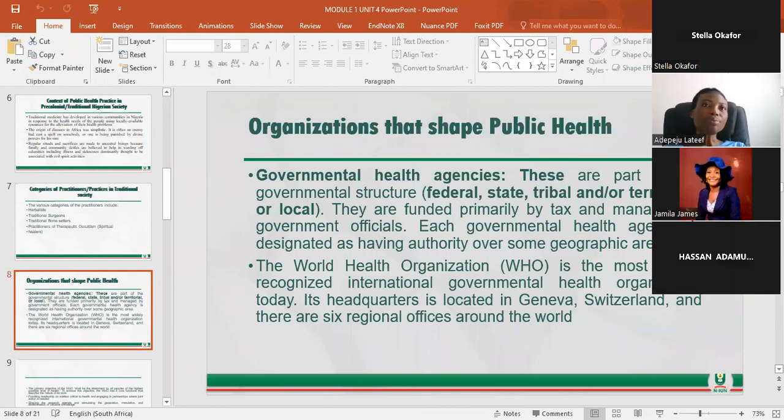We have the herbalist. Traditional surgeon. Traditional bone setters. Then spiritual healers. Exactly, spiritual healers. Applaud for you. Good students. Make sure you don't forget it.